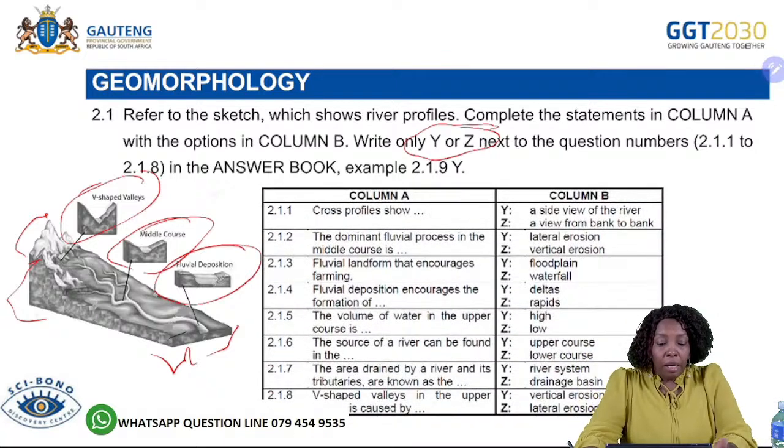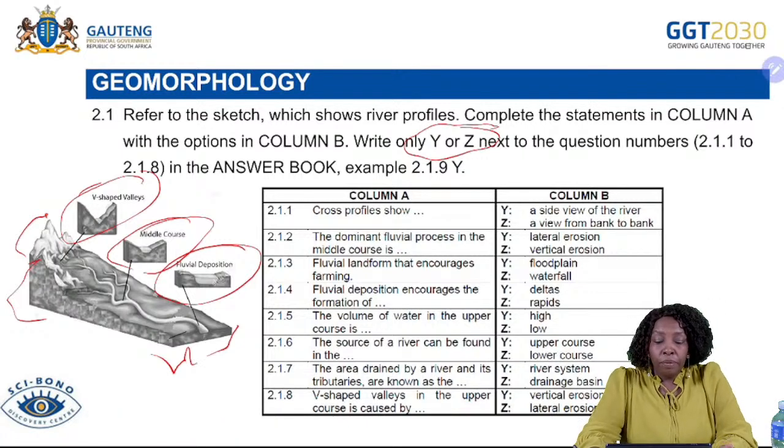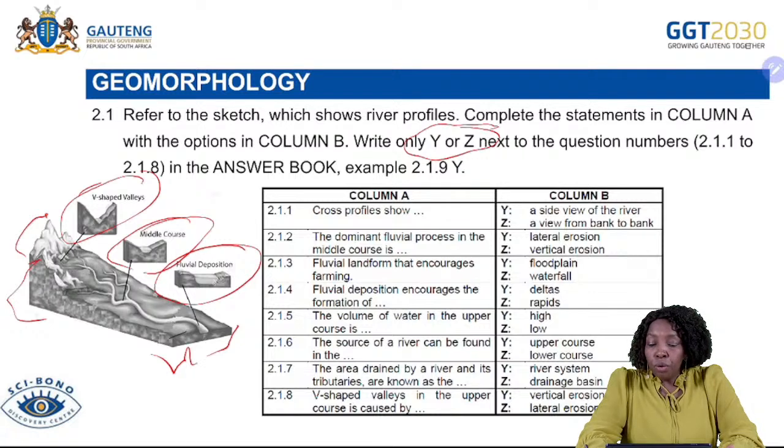Before we go deeper into understanding the details of each of these diagrams, let's look at what questions you have here. In column A, you've got the cross profile, and you have to choose the answer from the statements given in column B. It says Y is a side view of the river, or Z, a view from bank to bank.